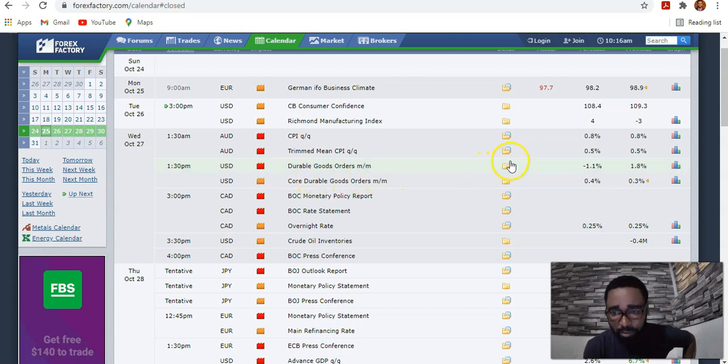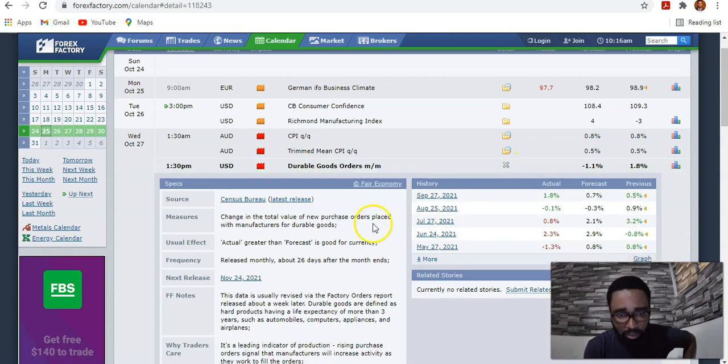So let's see the meaning of each of them. Durable goods orders is change in the total value of new purchase orders placed with manufacturers for durable goods. Change in the total value. Remember that phrase, total value.